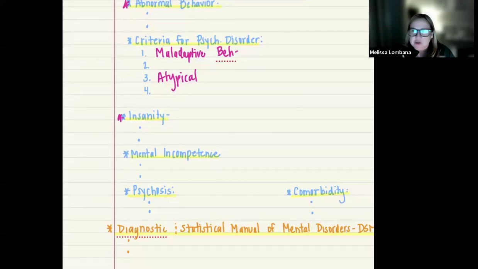So basically, one person could come out with like five different disorders because some of them overlap, and because of this comorbidity, in the DSM-5 they do have these statements and connections to the other disorders, okay?